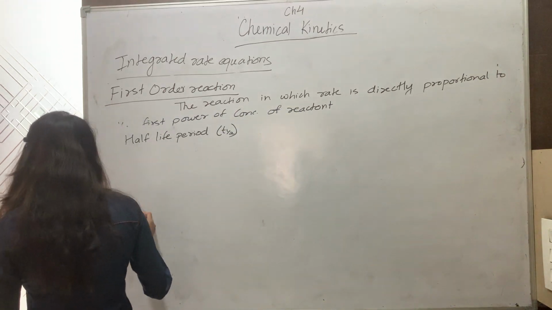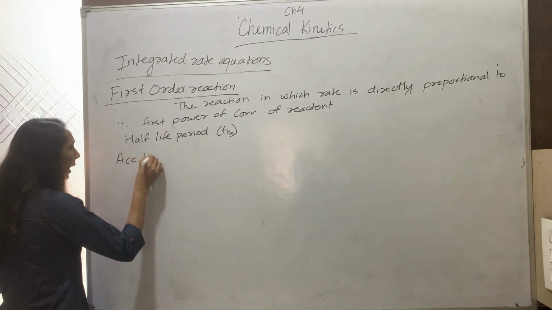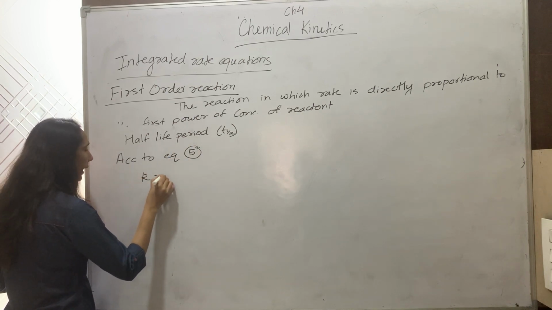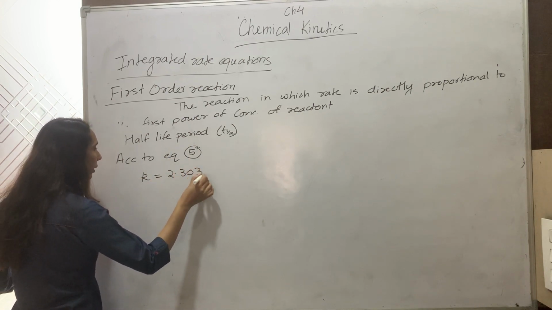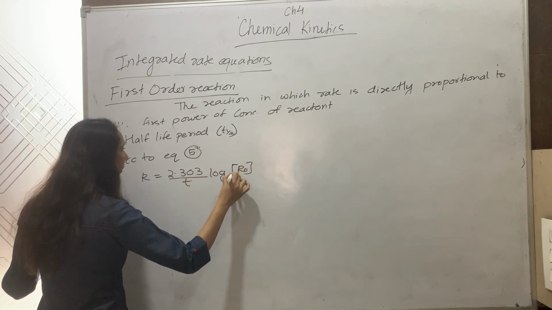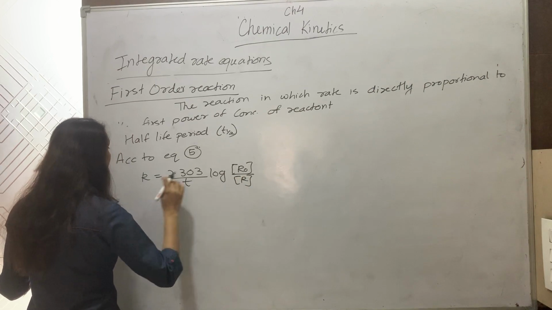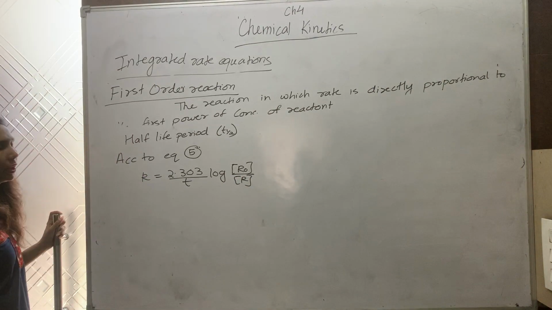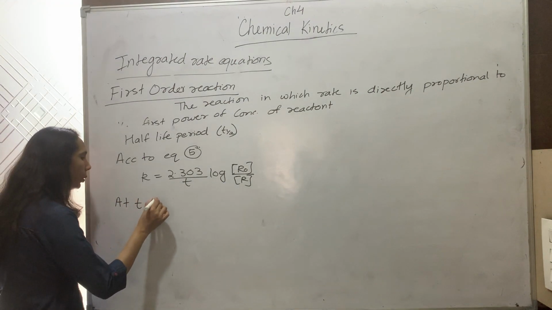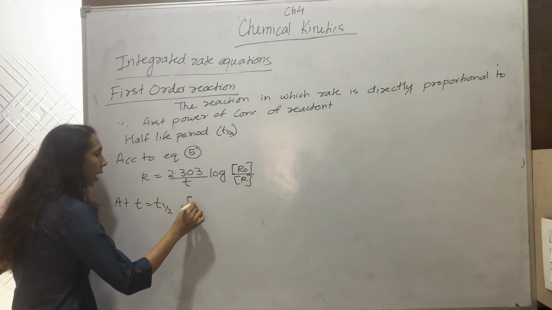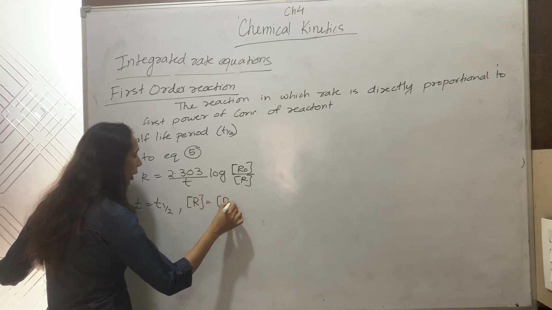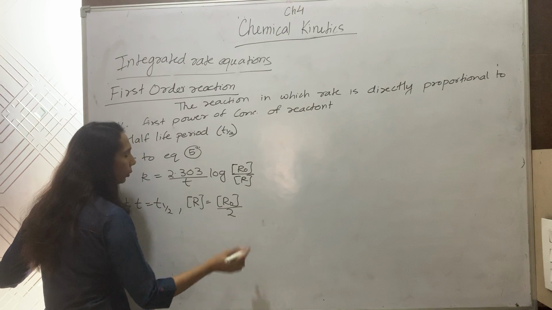Now we know that according to equation 5, what is equation 5? K is equal to 2.303 upon t log R naught upon R. That is the integrated rate equation for first order reaction. We know that at t is equal to T half, R will be equal to R naught upon 2.